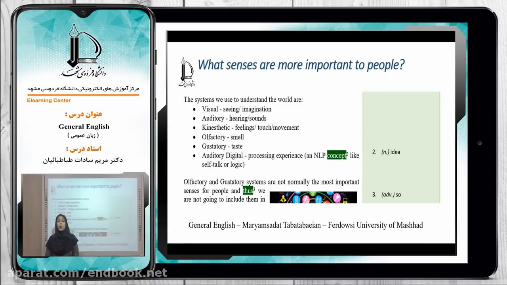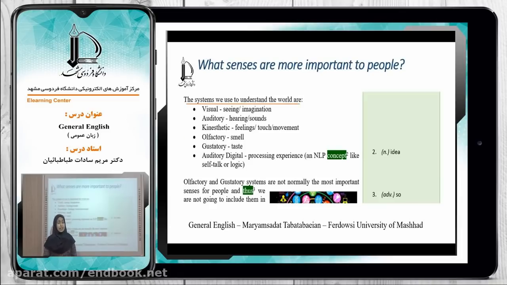It asks, what senses are more important to us? The answer is most probably in this part of the text. Let's look at it more carefully.